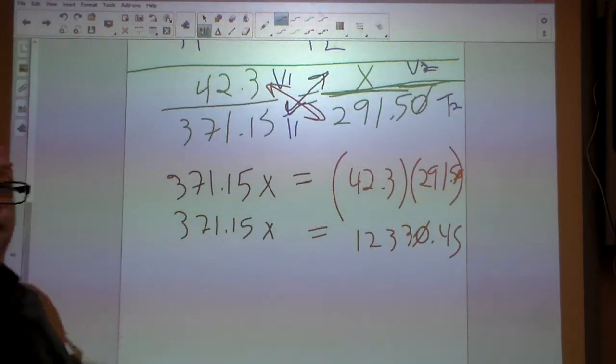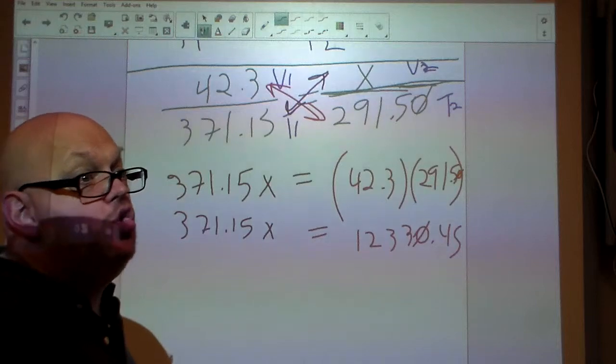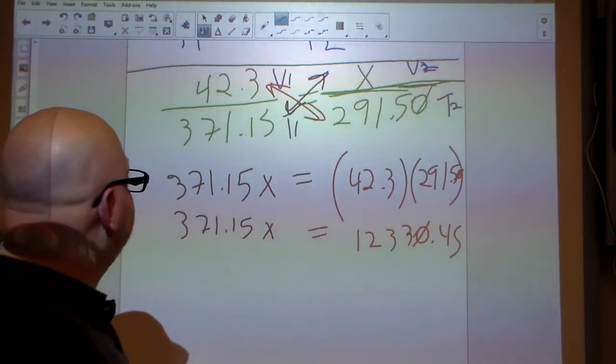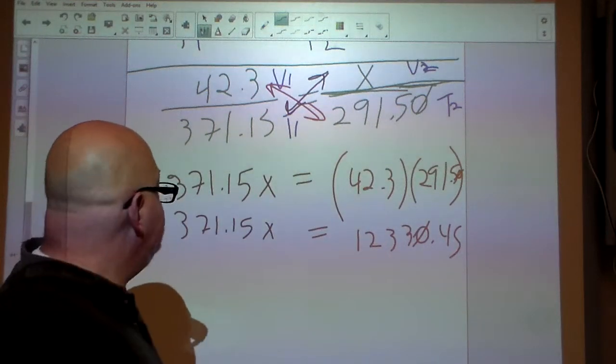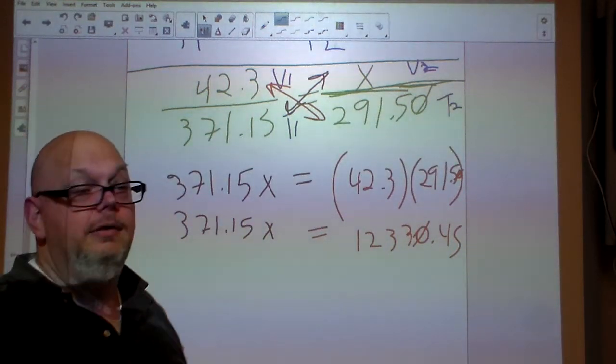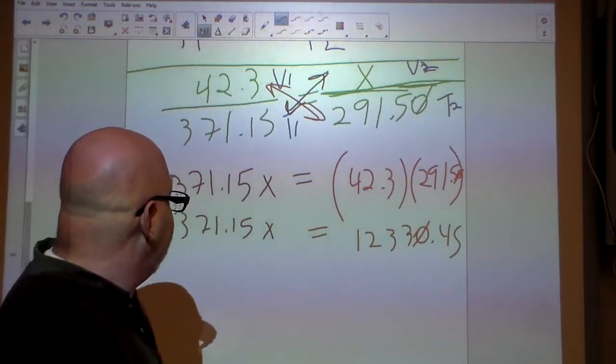Now we're going to get x by itself because x is our new volume. That's what we're shooting for. So basic algebra, we're going to divide both sides by 371.15.